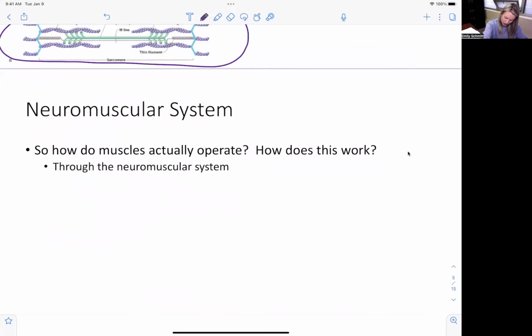So, our neuromuscular system: how do muscles actually operate? This is through the neuromuscular system. We're breaking that down between the words neuro and muscular. We know that an impulse starts in the brain and then travels down to our skeletal muscle to make muscles contract and do the work, eventually generating ATP.